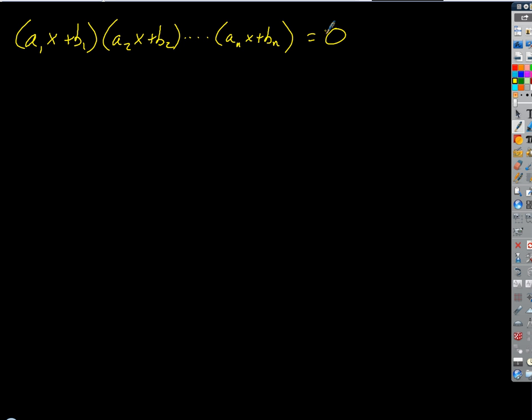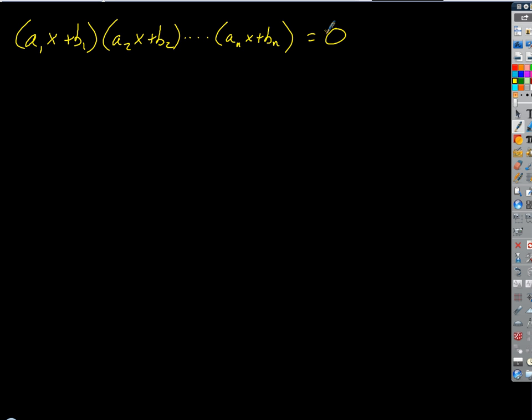Okay, if I were to multiply this out, expand this out, would you agree I'm going to get a whole jumble of terms, but what's the leading term going to look like? The biggest power of x. We'll have x to the n. Yep, and what's going to be the coefficient? Wouldn't you agree that if I were to expand this out, let's take the first two, right?